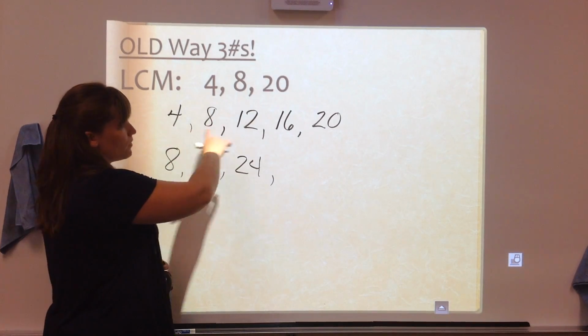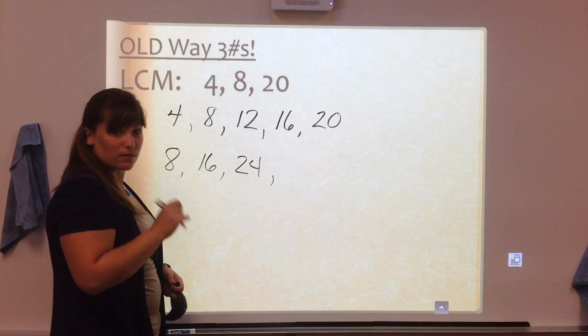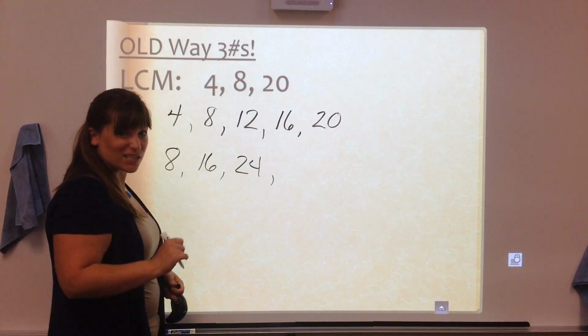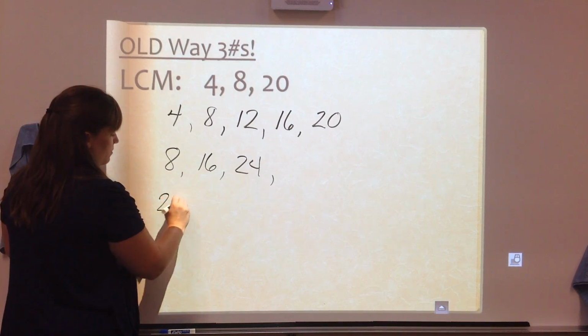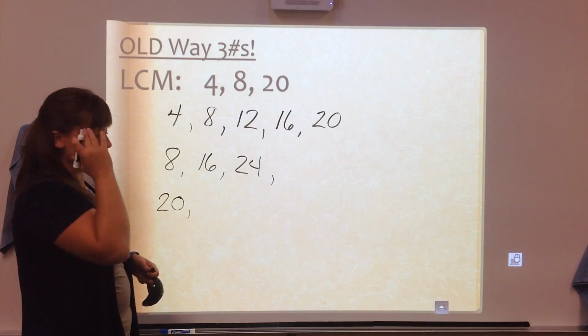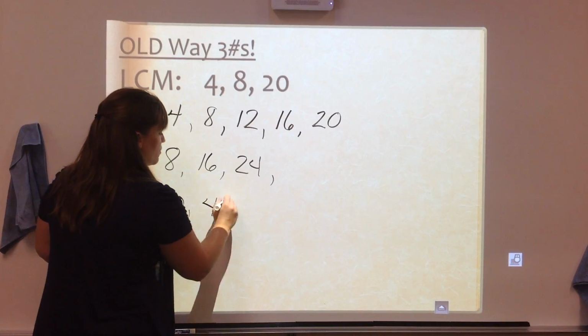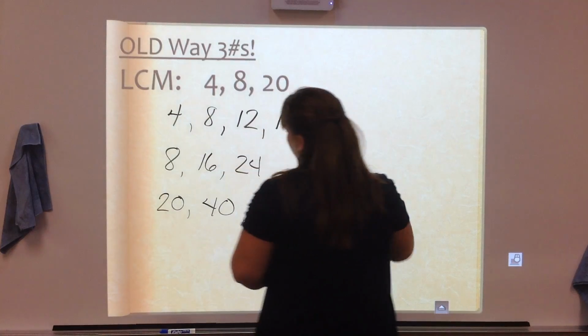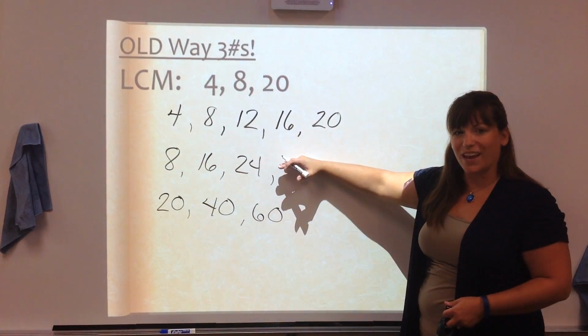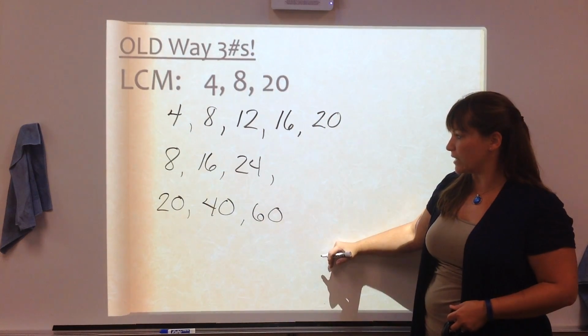That means I'm going to have to go back and finish and add on to the list for 4. So let's do 20. 20 times 1, 20 times 2, and 20 times 3 will be a good enough start. So I know it's not going to be 20 because it has to be in all 3 lists.